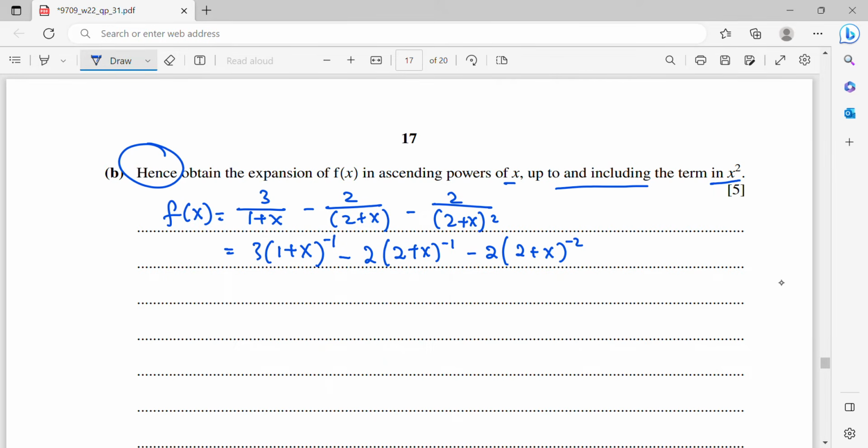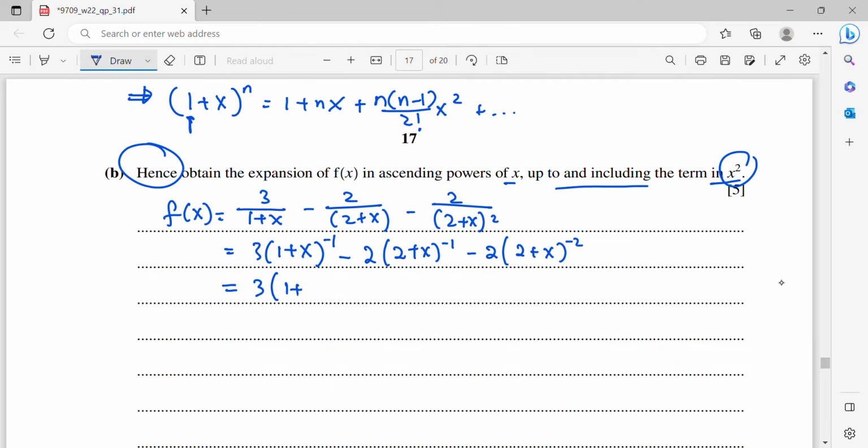Now, for this expansion, we need to refer to this binomial expansion formula, which is 1 plus nx plus n times n minus 1 over 2 factorial x squared, and so on. Now, the condition for you to apply this formula is the first term, or the term without the x, must be 1. Okay, so here 3 bracket 1 plus x degree minus 1, that's no problem because it's already 1.